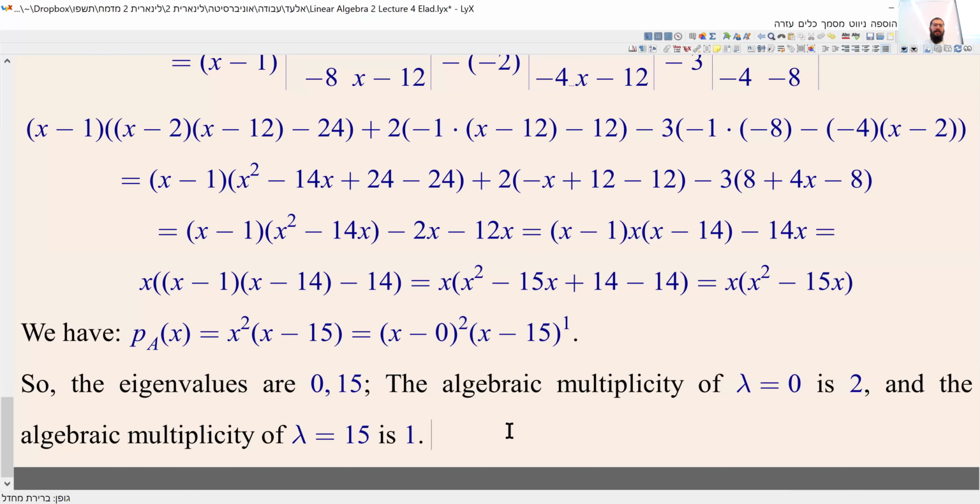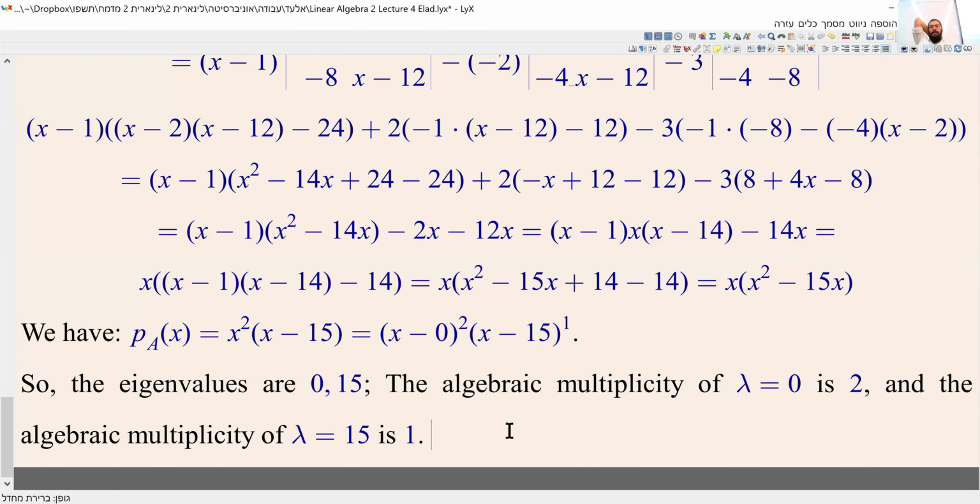So these are the algebraic multiplicities of the eigenvalues. One can easily see that the sum of all the algebraic multiplicities is the order of the matrix. Here it is 2 plus 1, which is 3. And we write it down later on in a lecture. But right now, just an example for the notion itself.